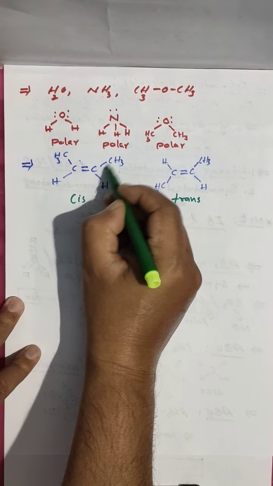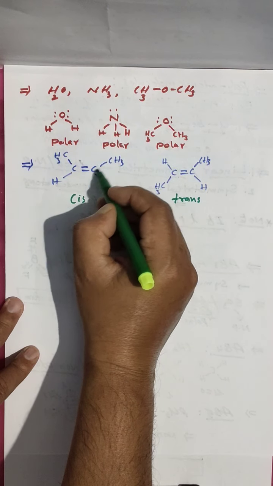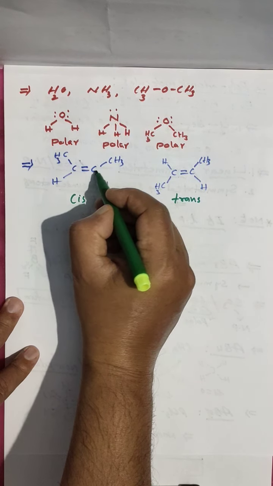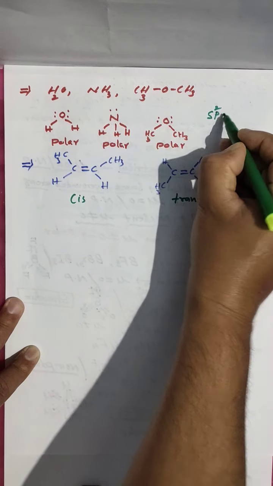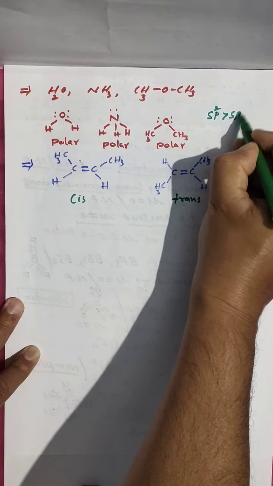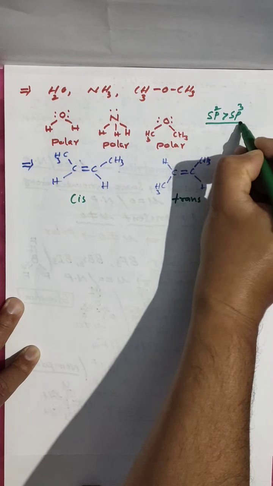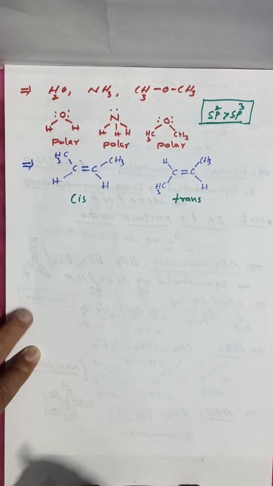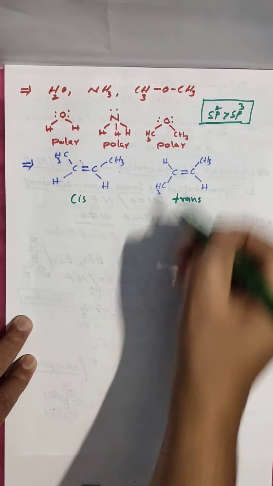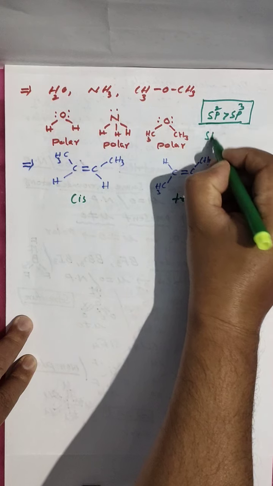Go for here, from less electronegative to more electronegative. This is carbon, this is carbon. How can we address it? sp2 carbon is more electronegative than sp3 carbon. Remember, sp2 carbon is more electronegative than sp3, and sp carbon is more electronegative than sp2.